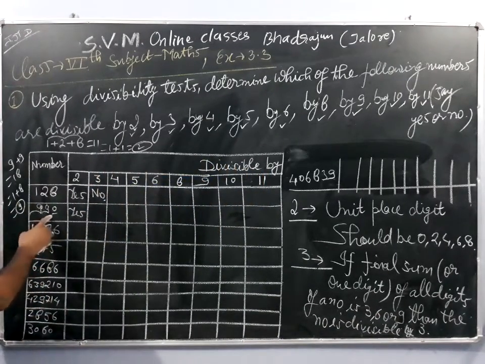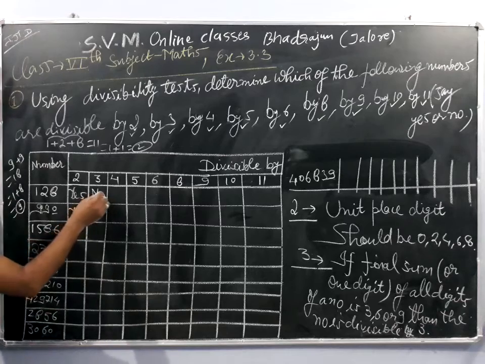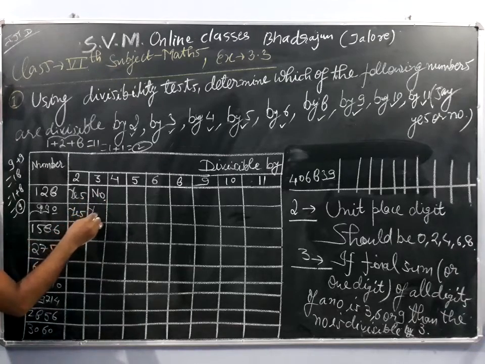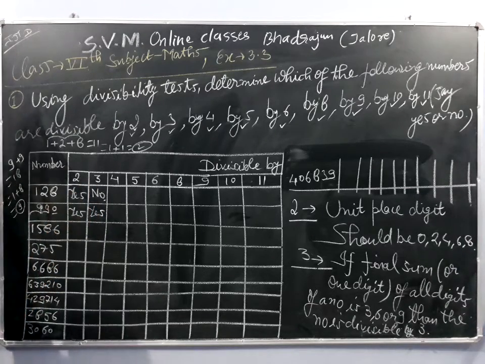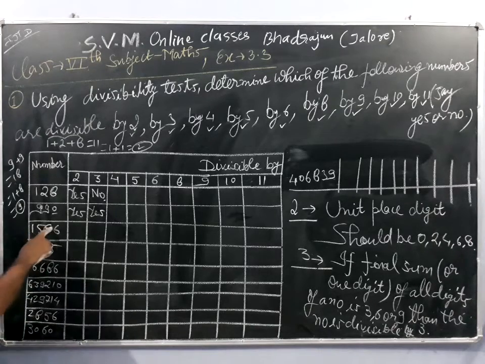Hence this number is qualifying the criteria, hence our response for divisibility by 3 is yes.